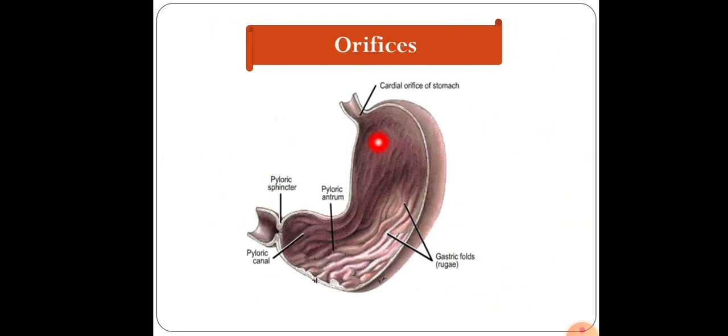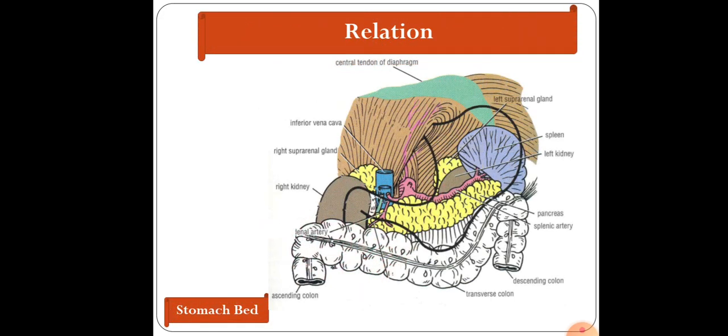The stomach has 2 orifices, the cardiac orifice and the pyloric orifice. The cardiac orifice joins the esophagus and the pyloric orifice joins the duodenum. So, the stomach is a J-shaped structure responsible for storing the food and regulating its passage into the duodenum.